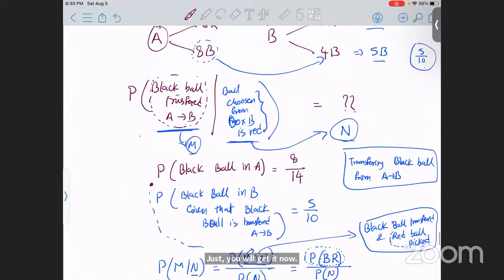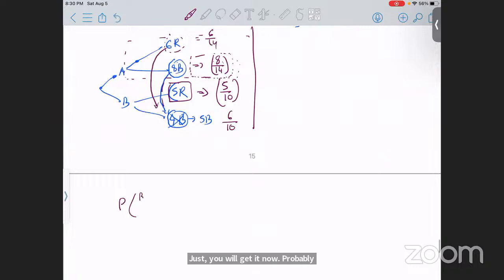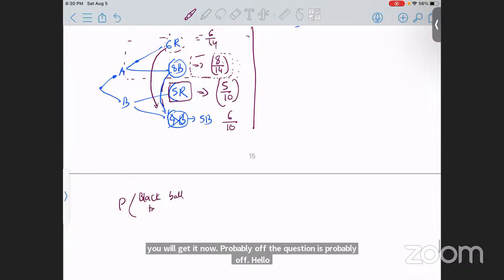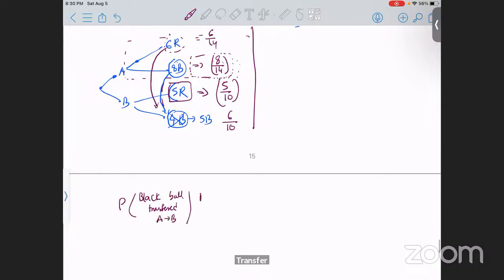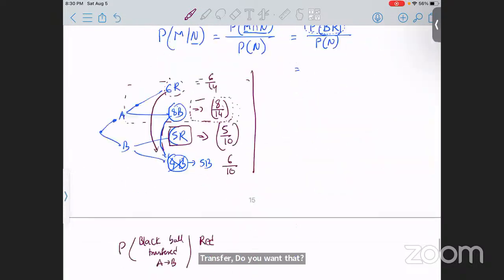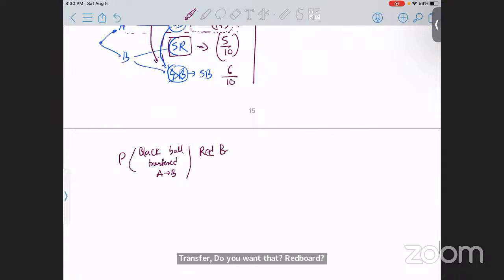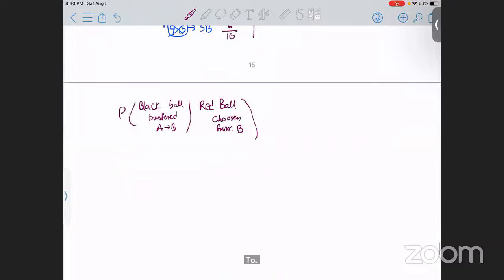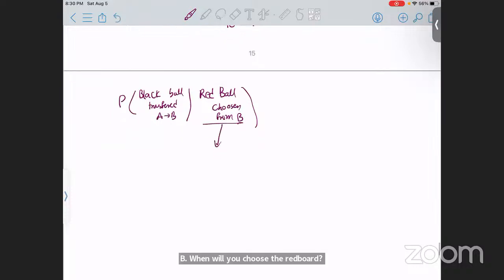The question is the probability of a black ball transferred from A to B, given that a red ball is chosen from B. When will you choose the red ball? Suppose there are two cases.